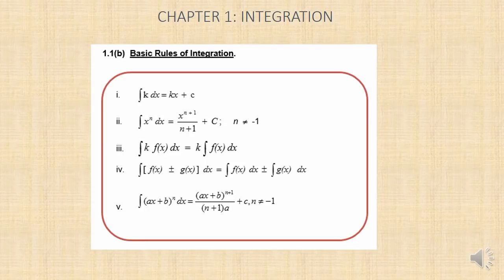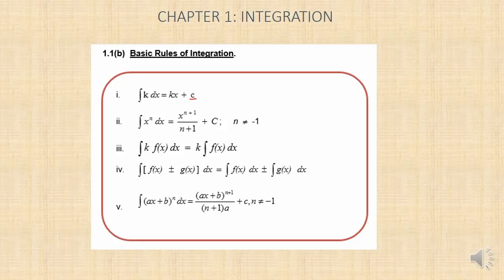Okay, now first we look at the basic rule of integration. First, integrate a constant k with respect to dx. We're gonna have kx plus c. We just add x to k and plus c, where c is the constant.